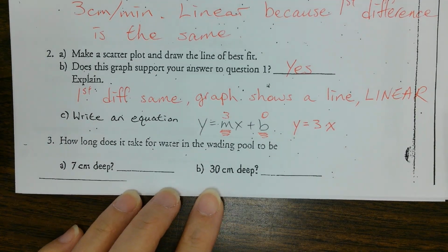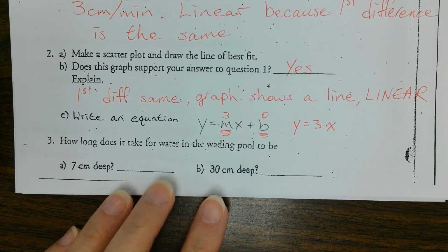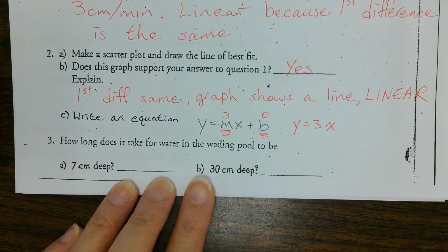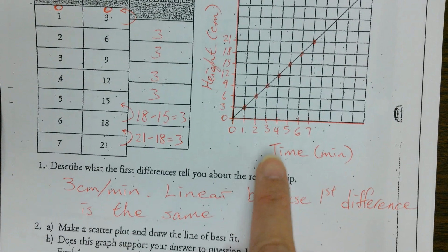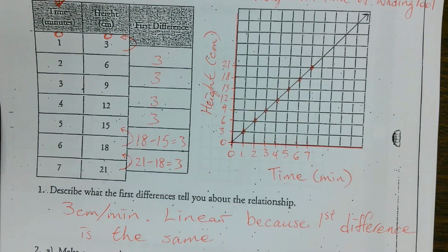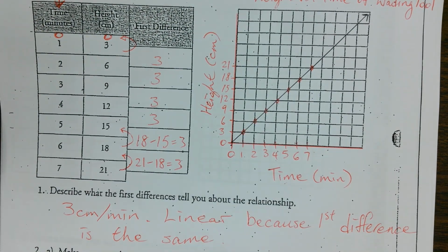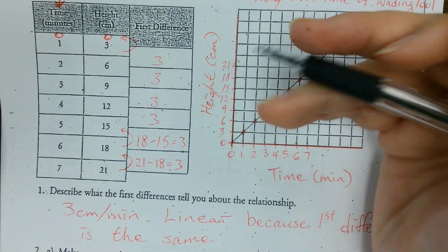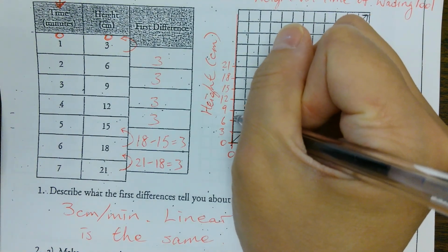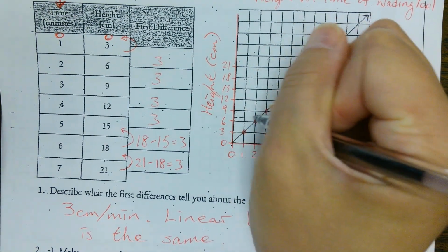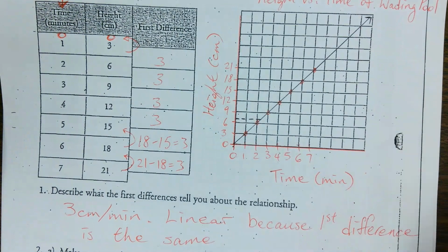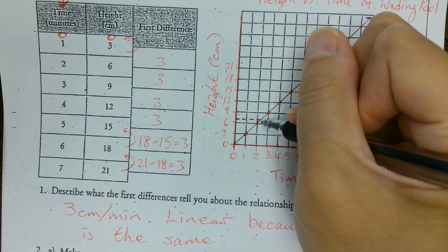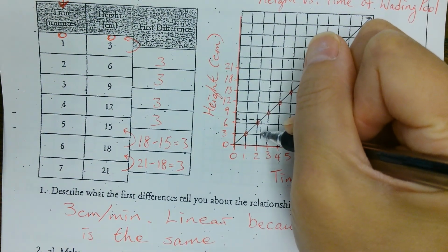How long does it take for the water in the pool to be 7 centimeters deep? Based on your graph, 7 centimeters deep means I'm looking at my y values, the height, at 7 right here. I'm going to draw a dotted line to my line, and then draw a dotted line down.